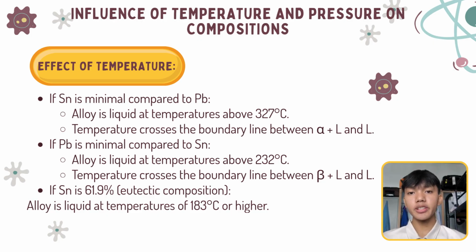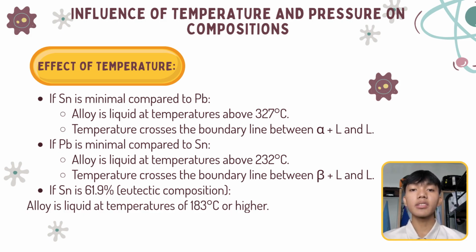Temperature plays a crucial role in determining the phases present in the Pb-Sn alloy system. For Pb-rich compositions, the alloy remains in the solid alpha phase at lower temperature but begins to melt and enter the liquid region once the temperature exceeds 327 degrees Celsius, which is the melting point of pure lead.